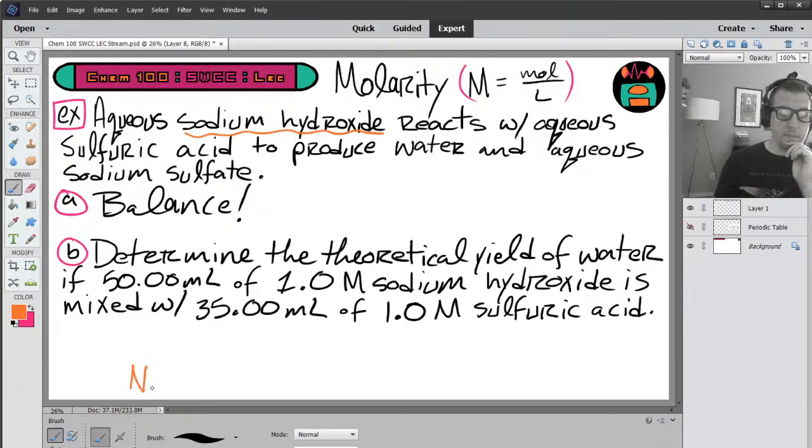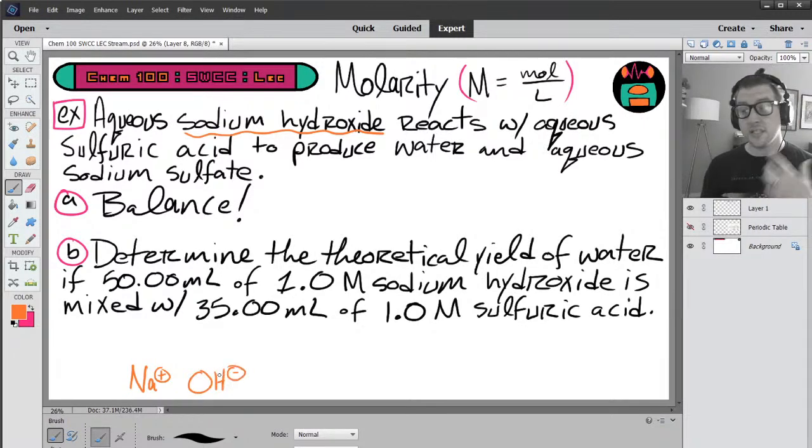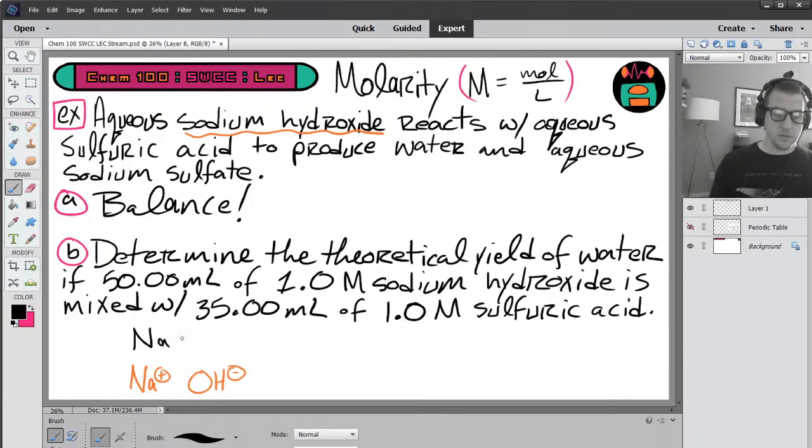Now, sodium has a charge of +1 when you look at the periodic table. Hydroxide is a polyatomic ion, which if you don't have it memorized, it should be on your equation sheets. And so these two will combine in a 1-to-1 ratio. There's aqueous sodium hydroxide. We're told it reacts with aqueous sulfuric acid.